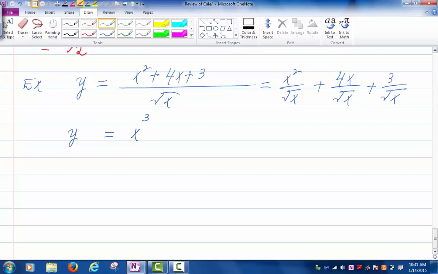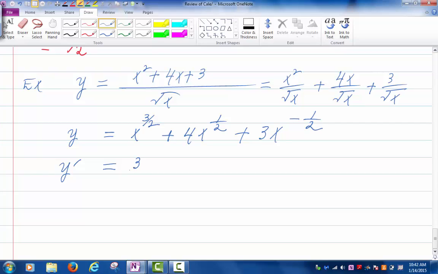X to the 3/2. Because root x is actually x to the half, right? So 2 minus a half is 3/2. Plus 4 times x over root x is just root x, which is x to the half. And what is this? 3 times x to the negative half. And now I'm going to take the derivative by using the power rule.